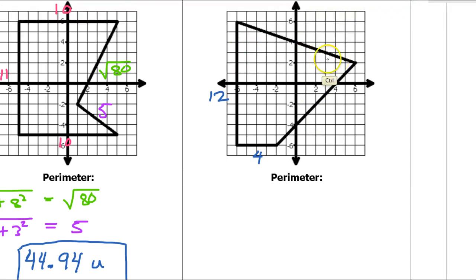I can make a right triangle like this, where this segment will be the hypotenuse. This little vertical leg is 4. Now the horizontal leg is 6 to the left and 6 to the right, so that is 12. So when I do this calculation, it's going to be the square root of 12 squared plus 4 squared.